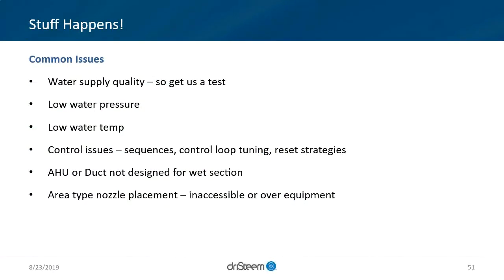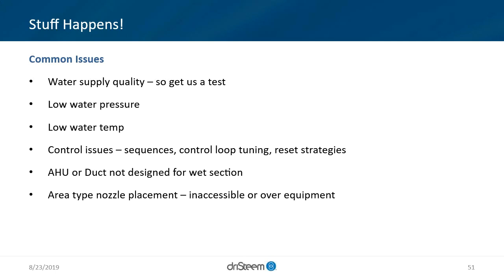So water supply quality. One case in my history was someone wanted to hook up non-RO water. And obviously the challenge there is the hygiene and keeping those nozzles operating. So we want to understand what we need to do to make the system work properly and really give the customer what they're looking for.